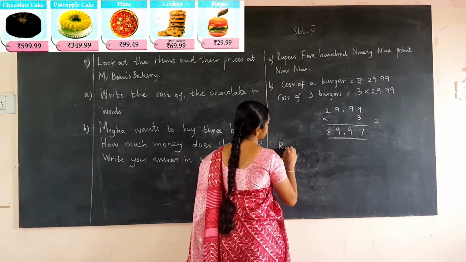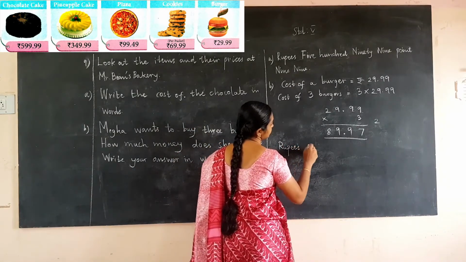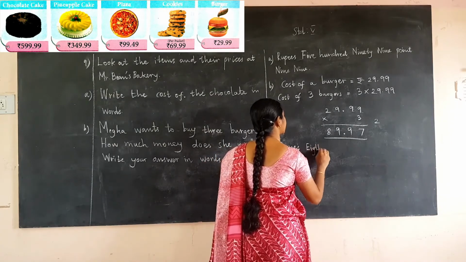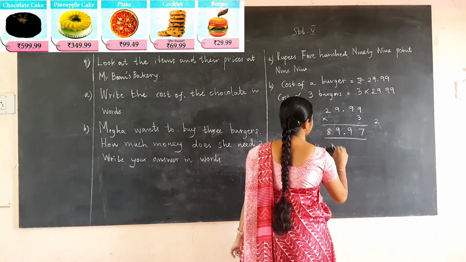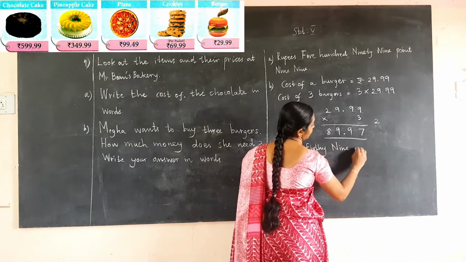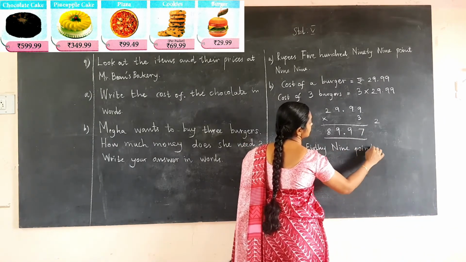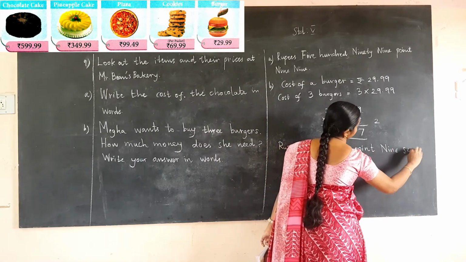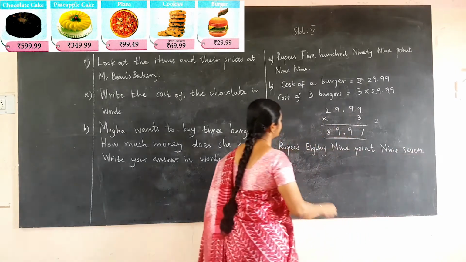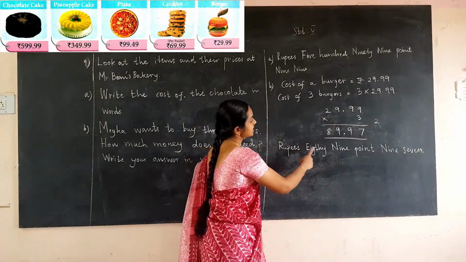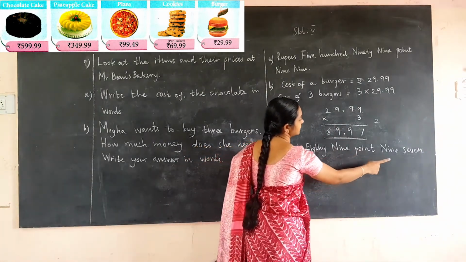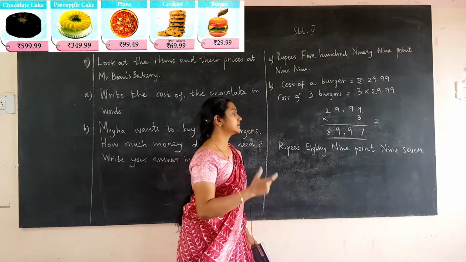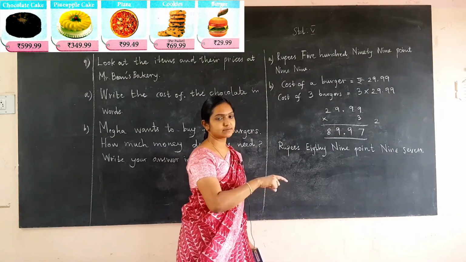So, it is rupees 89.97. In this way we have to write the decimal into its words.